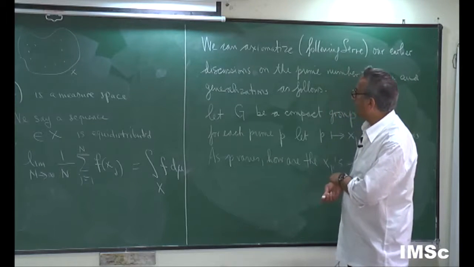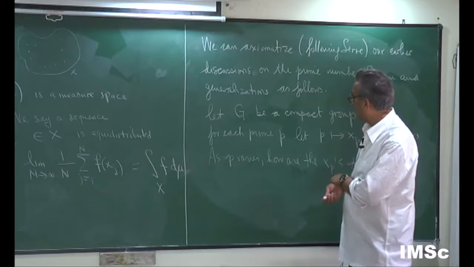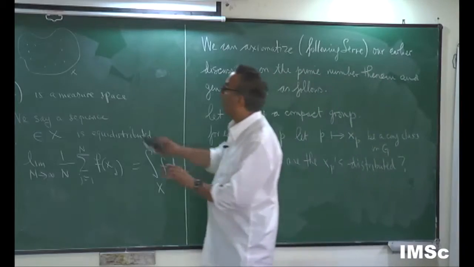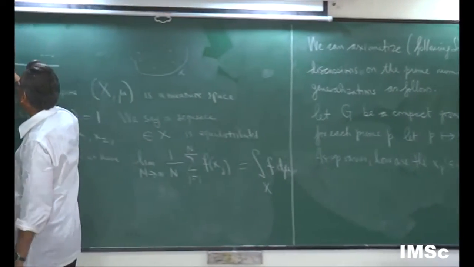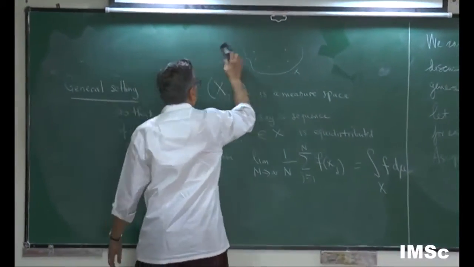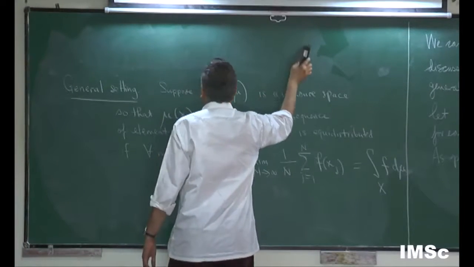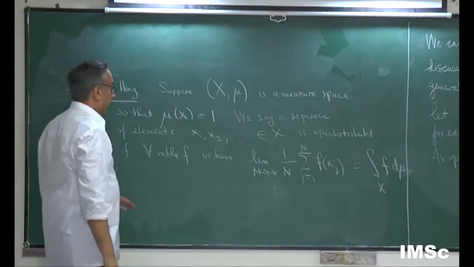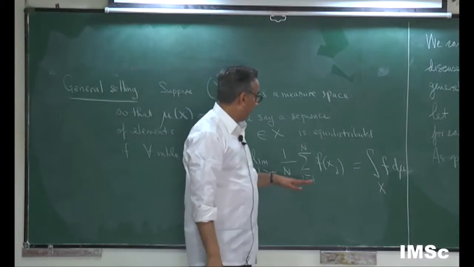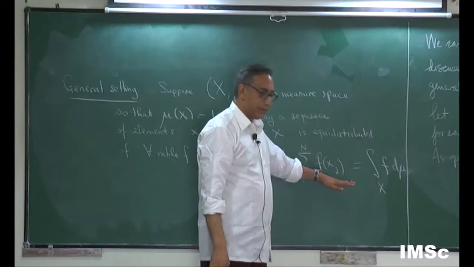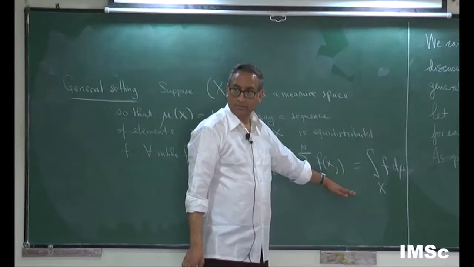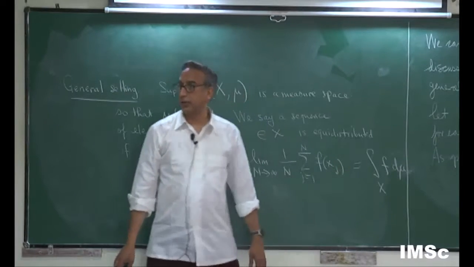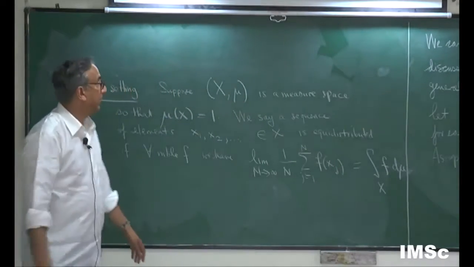And maybe I should say a few words first about how this whole discussion of equidistribution arose. The classical context was studied by Hermann Weyl. Clearly, if you have this satisfied for a dense family of functions in your space, that suffices to check. It suffices to check this condition for a dense family of functions.